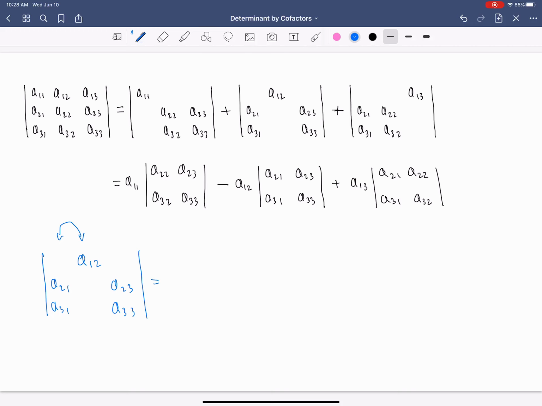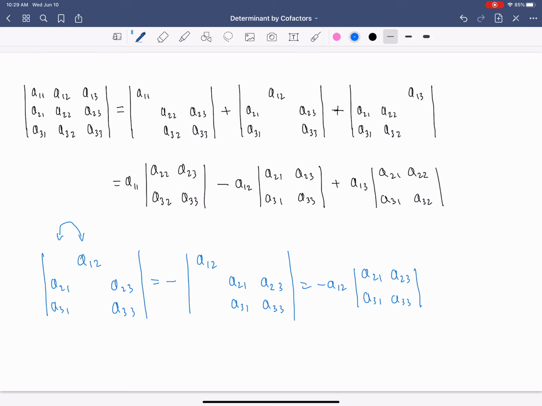But when I do that, I have to change the sign. So I have minus A12 and then A21, A31, A23, A33. Since we convinced ourselves for the first matrix, we know I have to keep that minus sign, but this is minus A12 times A21, A31, A23, A33.